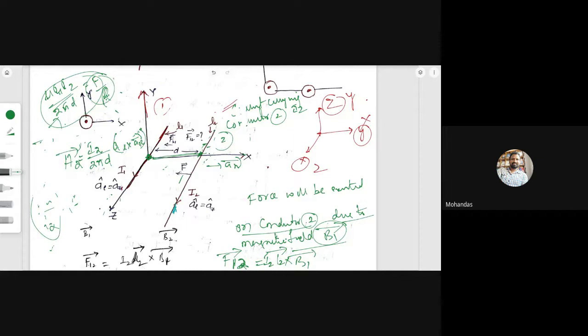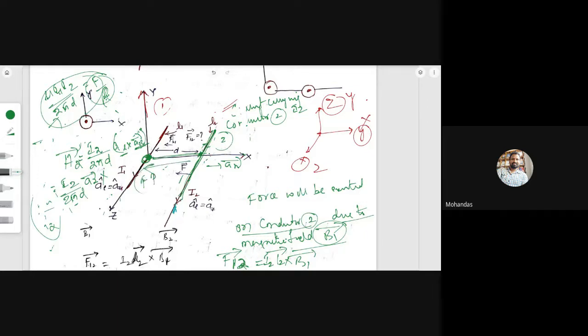Now tell me here, I2 by 2 pi D. What is the AL for this conductor? AZ. Good. What is the AR for this conductor? Minus AX, as the field point is at this position. Look from this conductor: take this conductor as reference and look towards this field point.